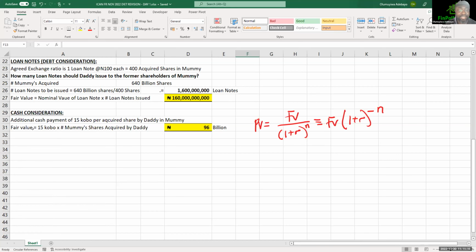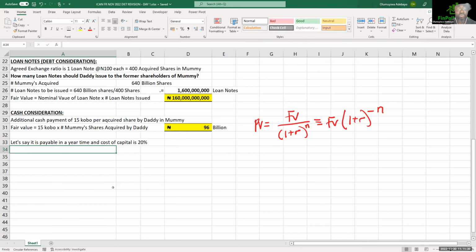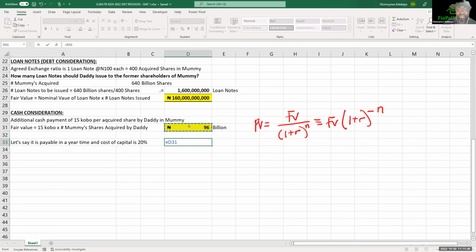Which then means that, let's say, it is payable in a year's time, and cost of capital is 20%. Therefore, what I'll do is to say, this 96, I'll multiply it with the discount factor, which is at 20%.